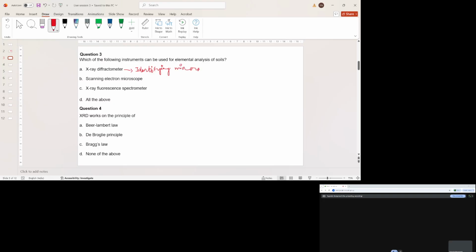That is, it gives a quantification of minerals, that is quartz or kaolinite or montmorillonite or calcite, etc. So it gives identification of minerals. The scanning electron microscope is essentially used to understand morphology of the soils as well as some idea about the elements present.